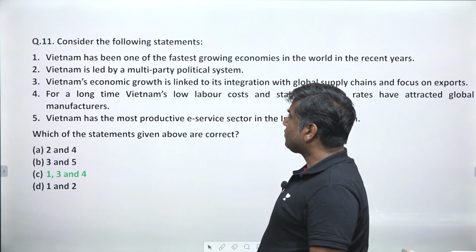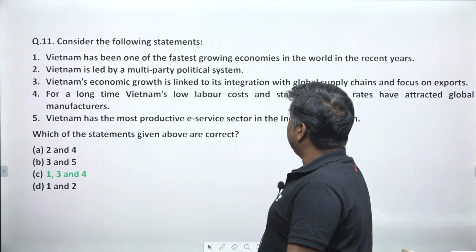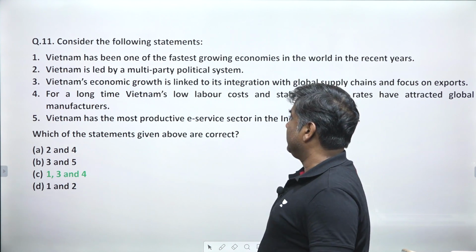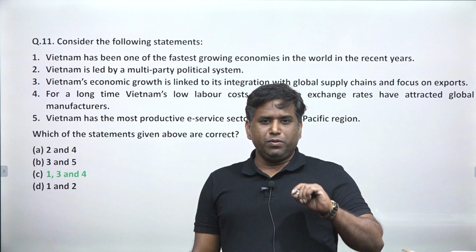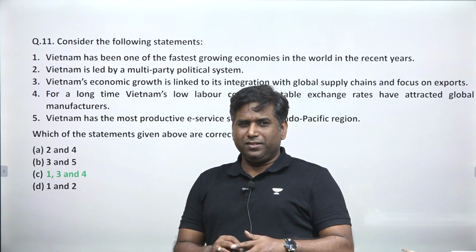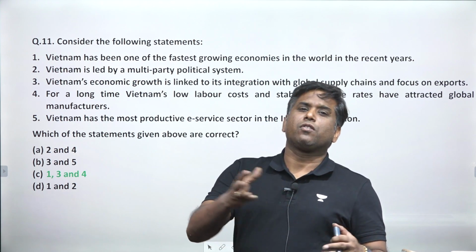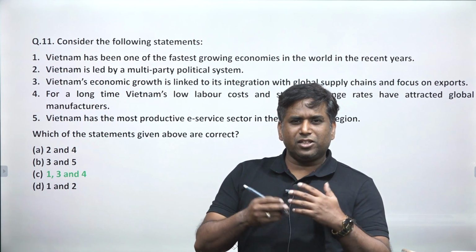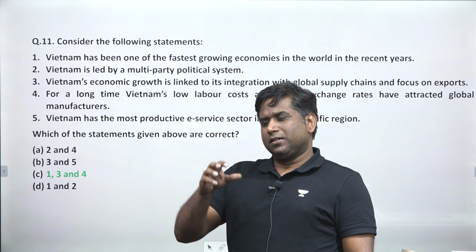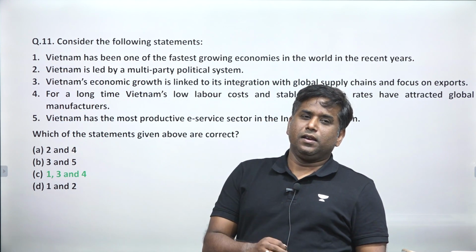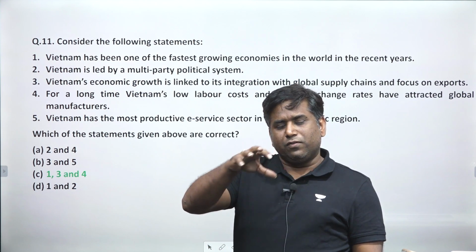Now, see, Vietnam has been one of the fastest growing economies in the world in recent years. Guys, to be very precise, it is really difficult to know whether that is true or false. But as we know, most of the Southeast Asian economies are doing well, and Vietnam is one of the leading ones.